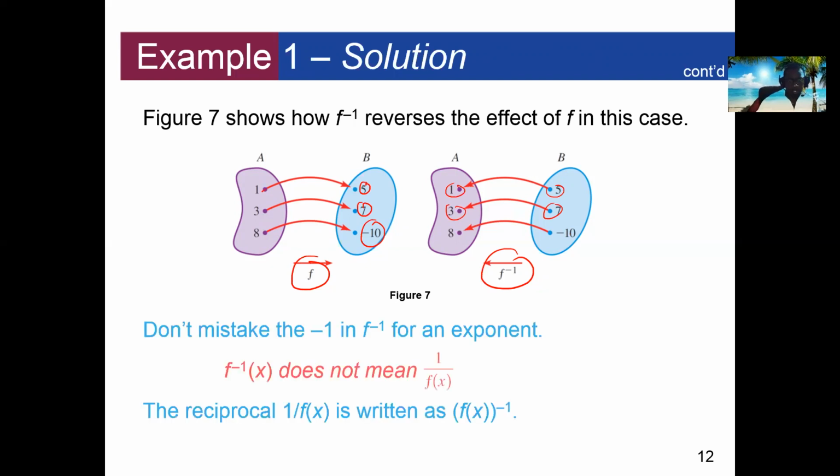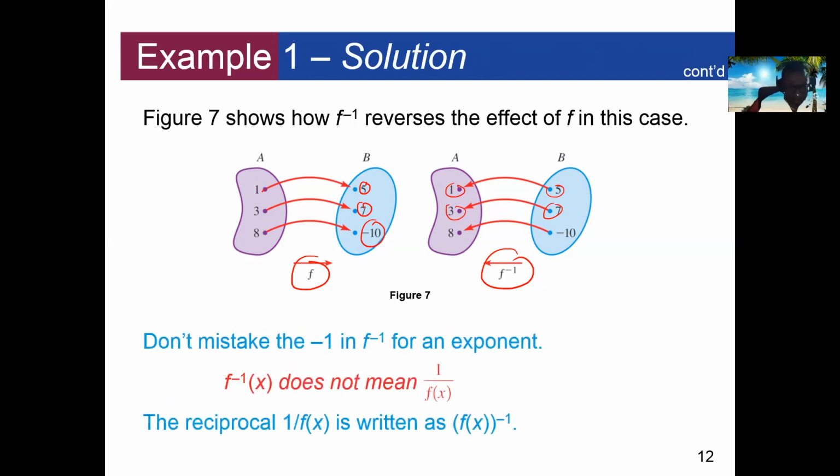Okay. So now, we must be careful we don't mistake the negative 1 in this expression for an exponent. In other words, f inverse of x does not mean the reciprocal. This is never equal to 1 over f of x. Don't think of it that way.